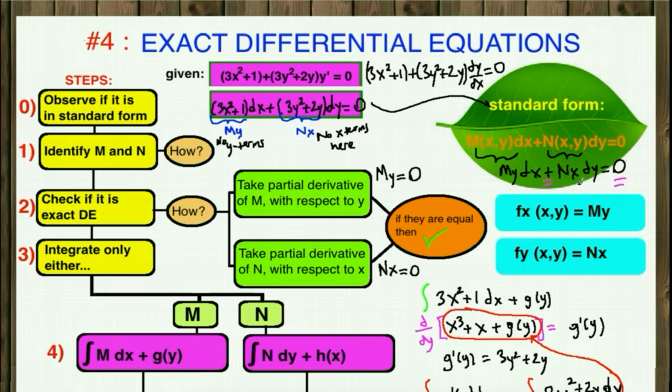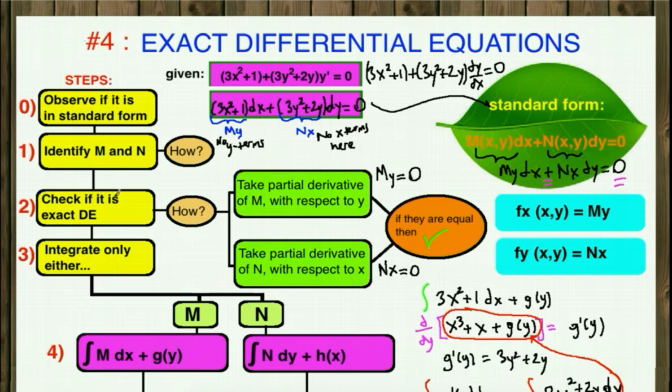In some sources or in your school books, you might see M and N as well. As the second step, you need to identify the m and n parts of your given equation. At the m part, you don't have y terms. At the n part, you don't have x terms.